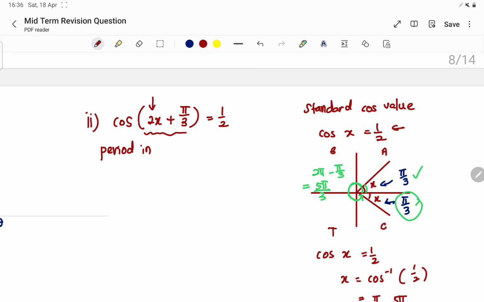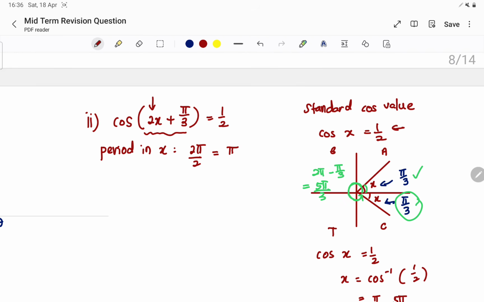Usually one full rotation is 2 pi. Since the number of cycles is 2, you divide by 2. So the period for this question is equal to pi. There is a use for this value of the period later on.